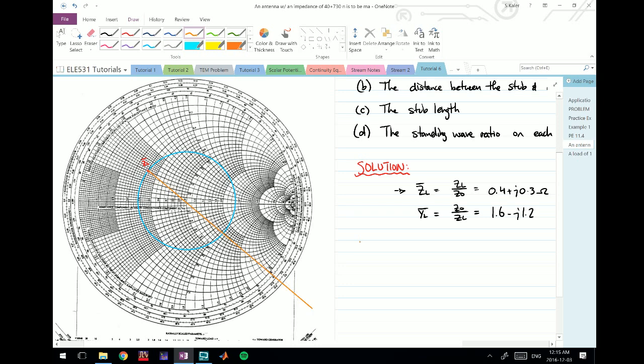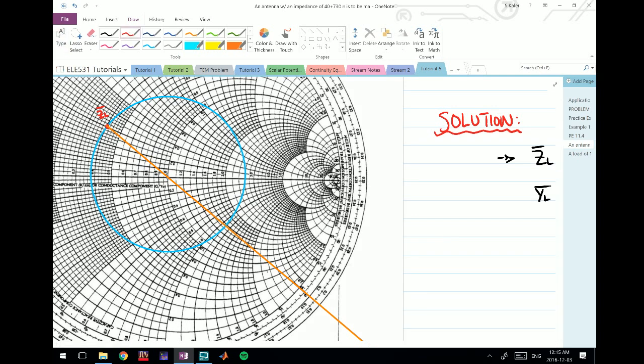I've drawn a line through ZL, through the origin, and now it's coming out the other side, and there is a point of intersection with the circle, so this point here should be YL.